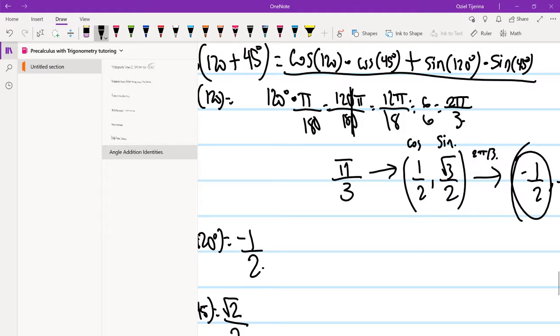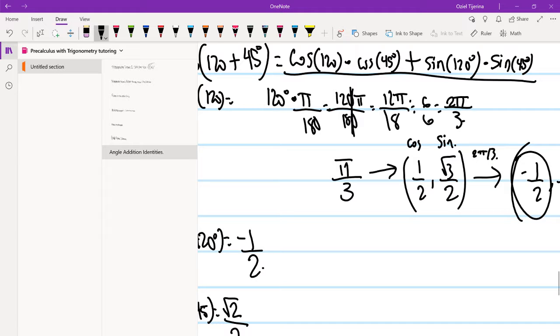So cosine of 120 is negative 1/2 times the cosine of 45, which is the square root of 2 over 2, plus the sine of 120, which is the square root of 3 over 2, times the sine of 45 degrees, which is the square root of 2 over 2.